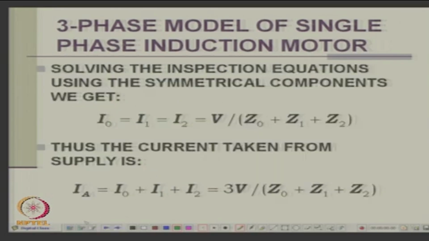We have seen that this results in the 3 currents I naught equal to I 1 equal to I 2 equal to V over Z naught plus Z 1 plus Z 2. And the current in each phase will be 3 V over Z naught plus Z 1 plus Z 2. We have done this using the symmetrical component concept.